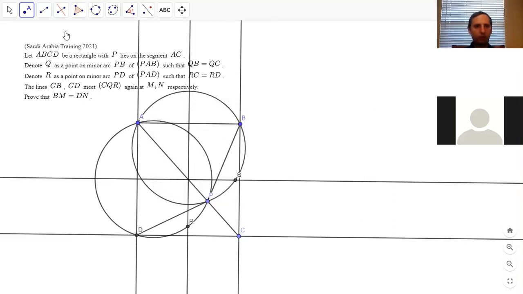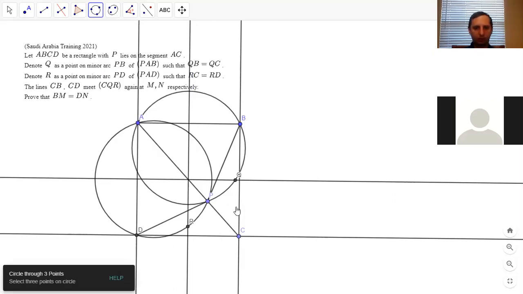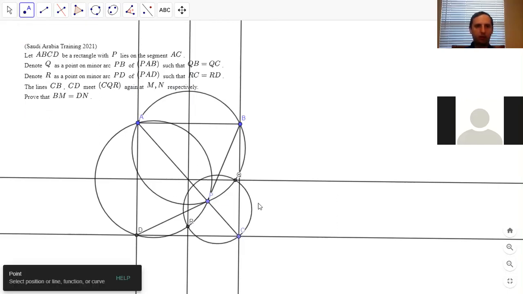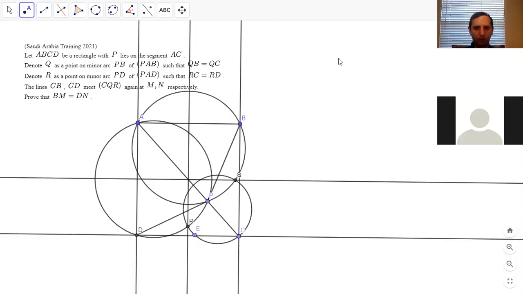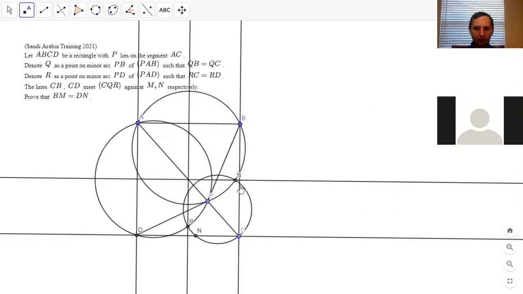Okay, so then we draw the circumcircle of CQR. It's kind of interesting. And we want to see where it meets CB and CD. So this should be N, and this should be M.